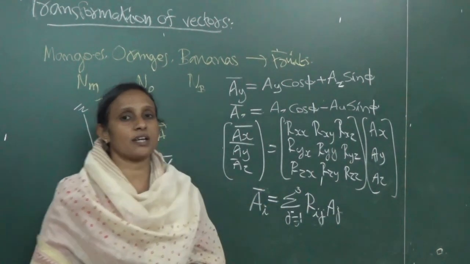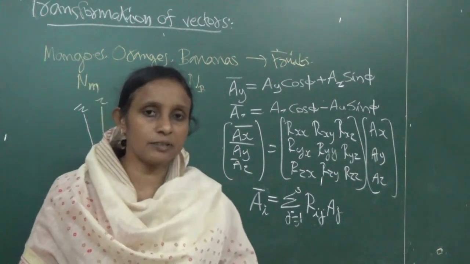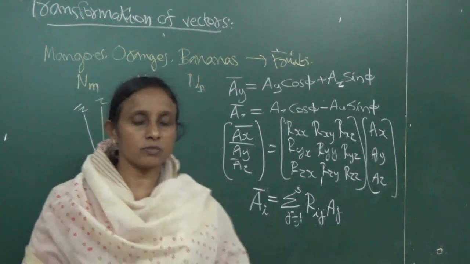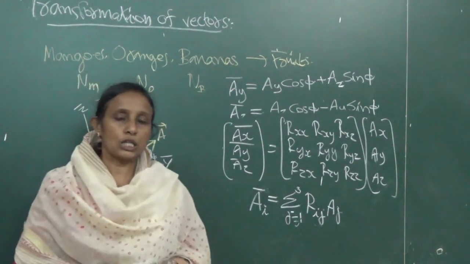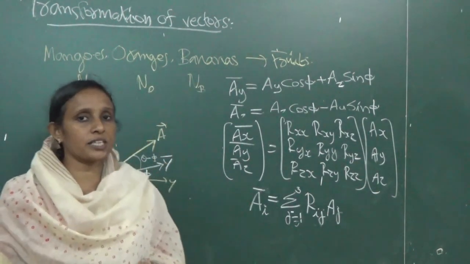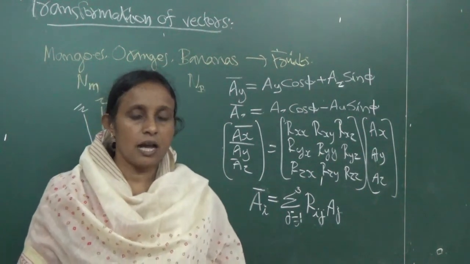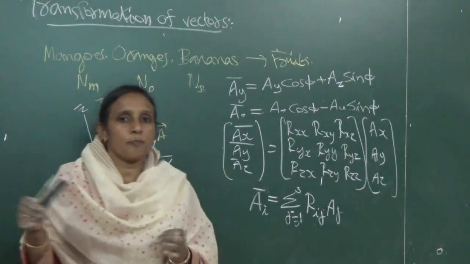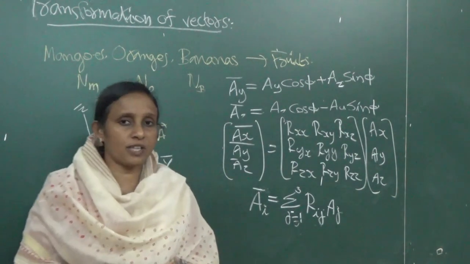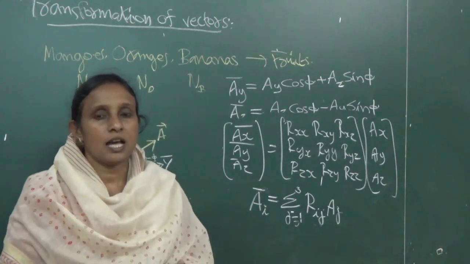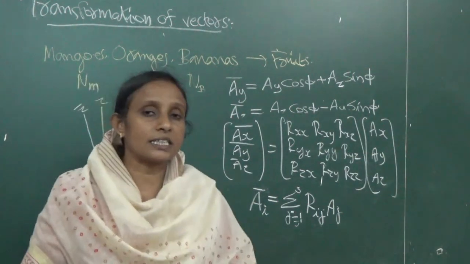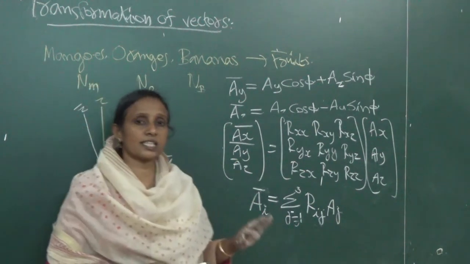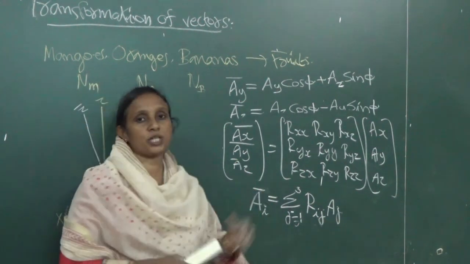So we can wind up our discussion here. In this lecture, we learned about triple products, including the scalar triple product and vector triple product and their geometrical meaning. Then we moved on to position vector, displacement vector and separation vector, and finally came to vector transformations, and found out that vectors obey a particular transformation rule.